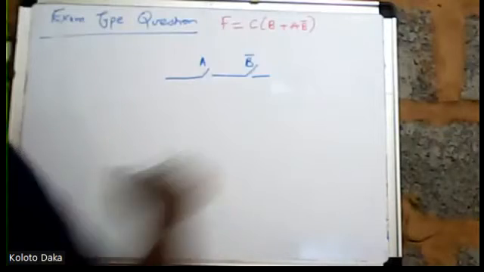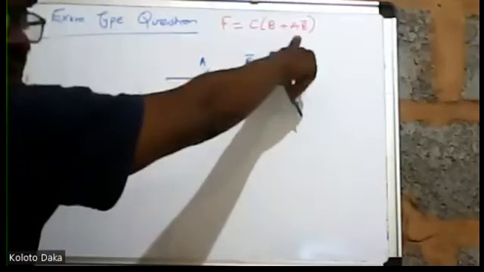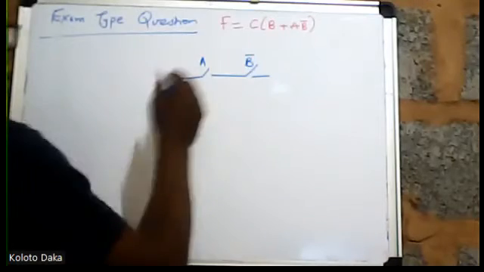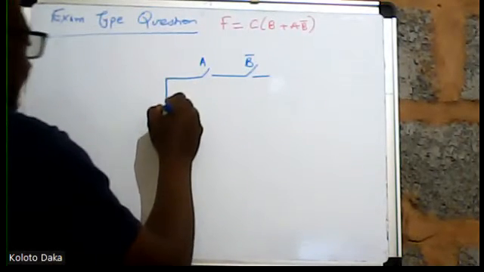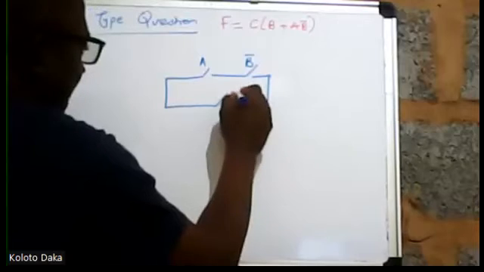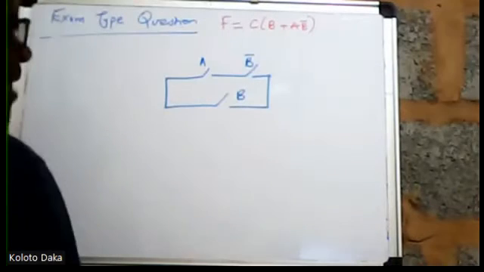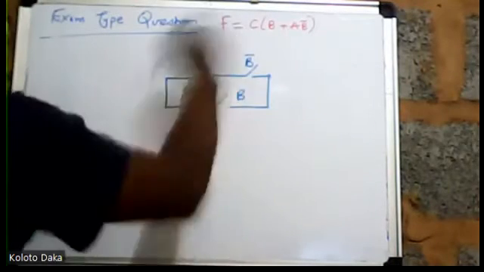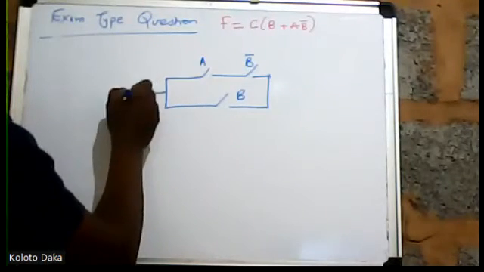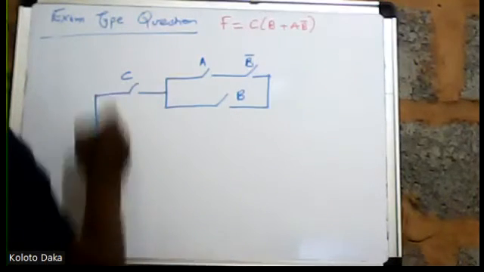Okay? This is this part. A in series with B bar. These are in parallel to what? To B. Are we together? And the whole of this is in series to what? C.